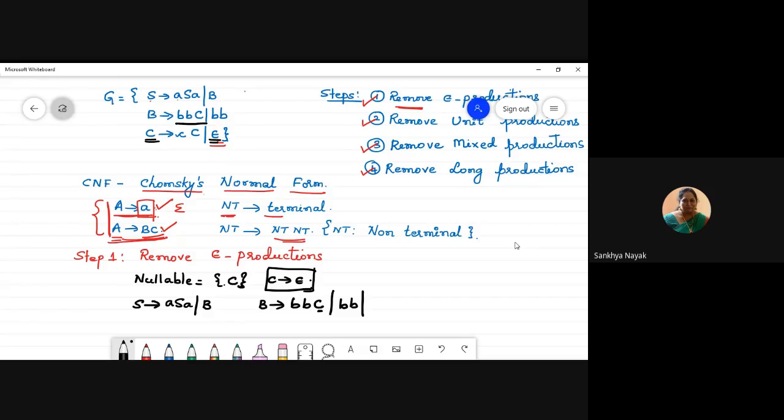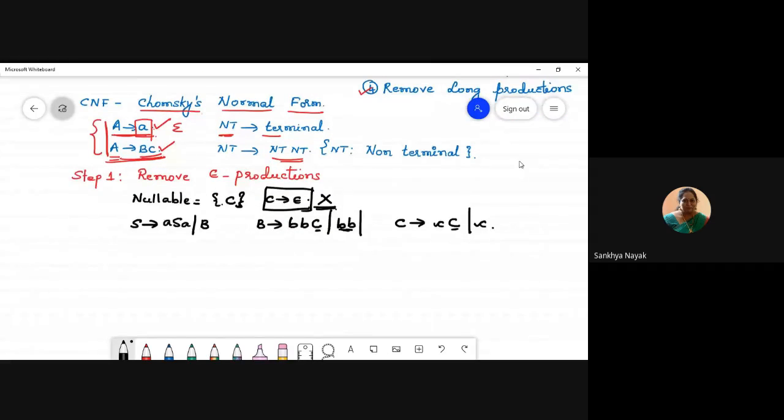And this BB, anyway it has come, so I am not going to write it again. Now coming to this production, C derives small c, capital C. I'll keep it once as it is, and once I'll make this C as nullable, so it will be capital C deriving C. So we have removed this production.